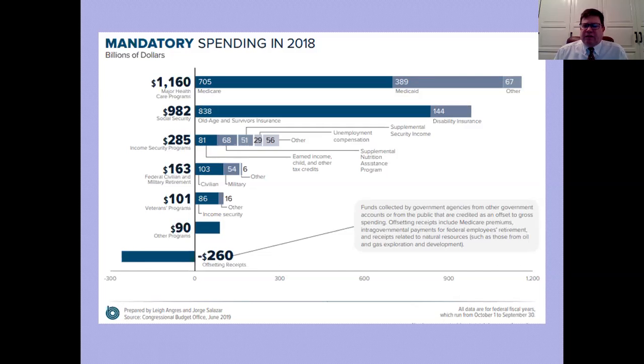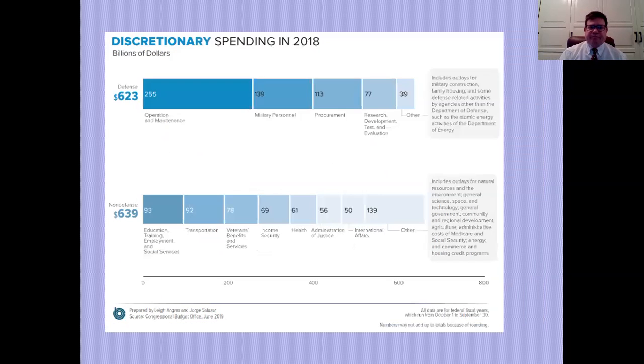We also have things like the Supplemental Nutrition Assistance Program, which is our equivalent of a food program for people that are poor, unemployment compensation, and so forth. We also have retirement programs for federal employees as well as the military. Also considered in mandatory spending are those programs for veterans. And then we have a number of other programs as well.